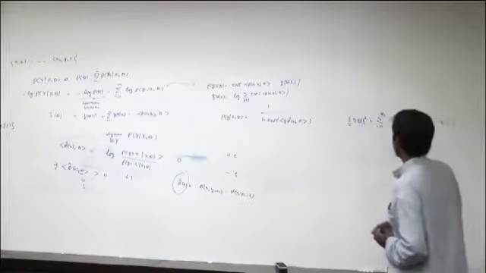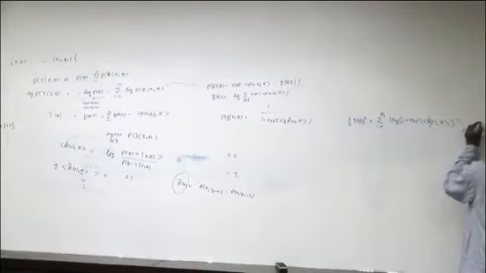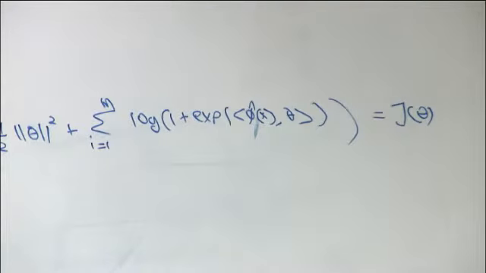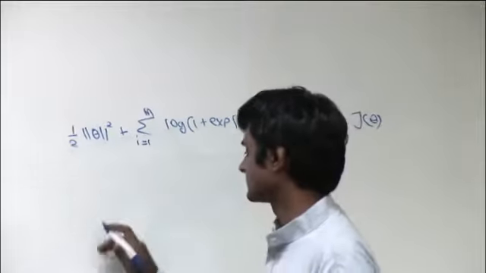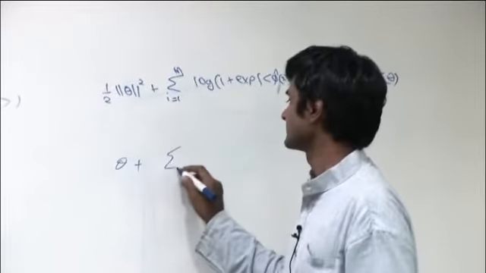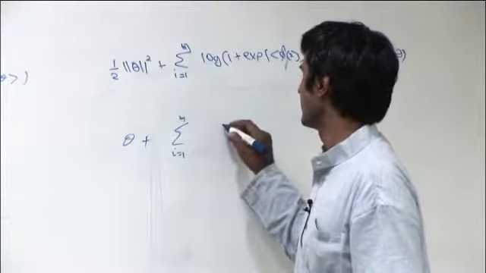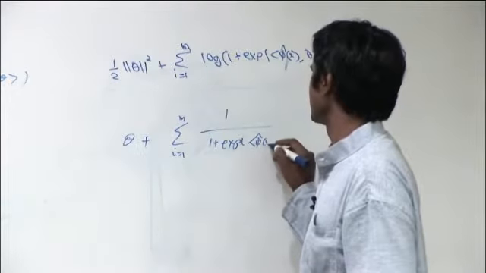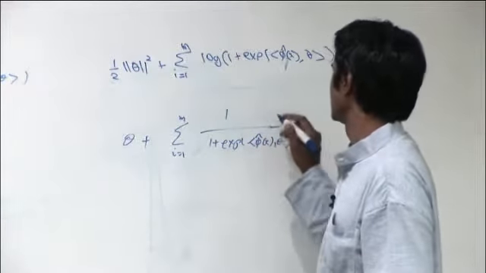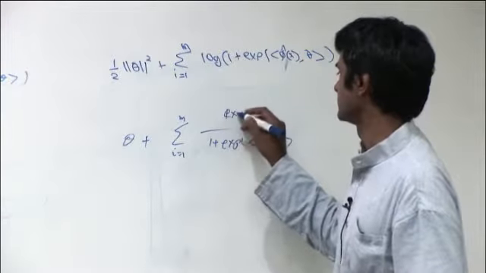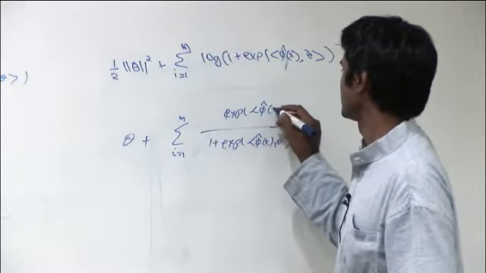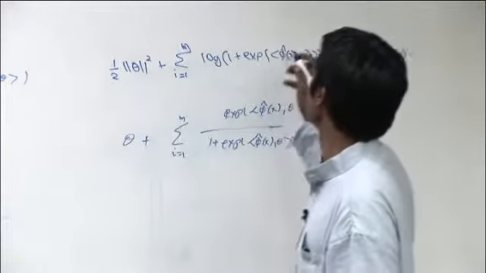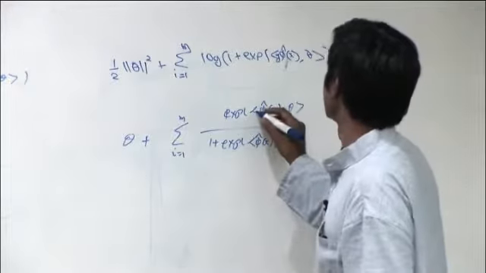And if you take the gradient of this function and set it to 0, what happens to the gradient? So this is theta plus summation i going from 1 to m of 1 over 1 plus exp of phi hat of x times theta, times, I'm just applying chain rule, exp of phi hat of x, there must be a y, I'm missing a y, yeah, that's right.